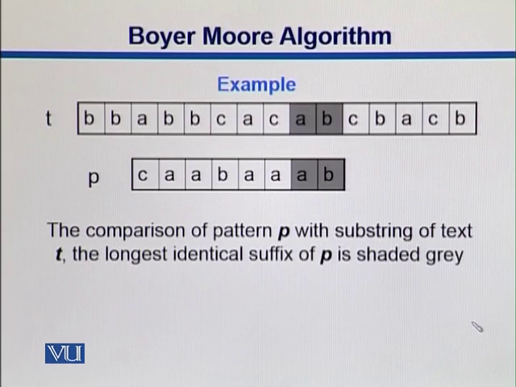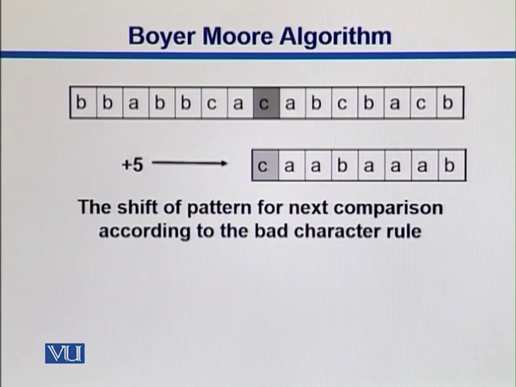We have a mismatch at this position. So where is the next occurrence of this element? It starts scanning and finds it right here, so it tries to align these two characters. That is called the bad character rule. It gives how many shifts are needed so that these two characters correspond.